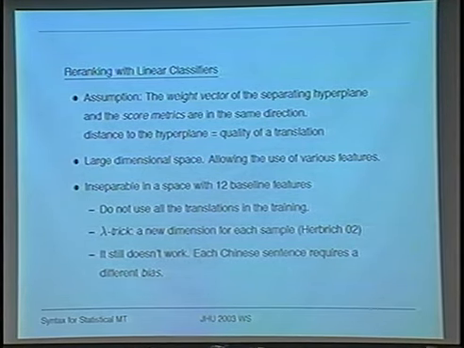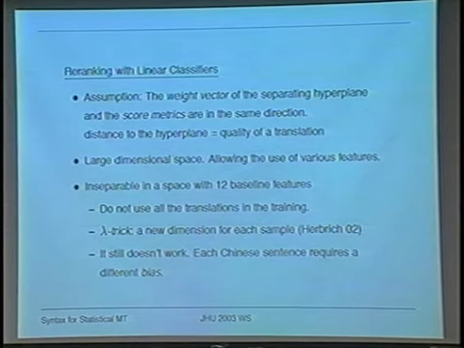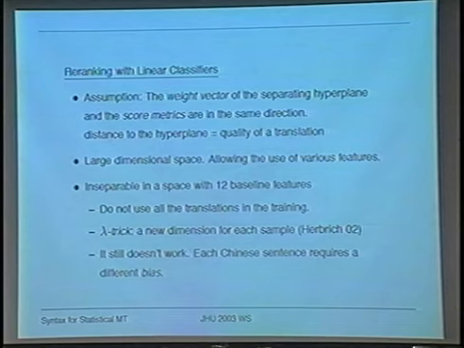The problem of using this machine learning algorithm for translation ranking is that in our data set we have 993 Chinese sentences, and each has 1,000 English translations. Actually, this is inseparable with the baseline features, even with 100 or more features; it's definitely inseparable.